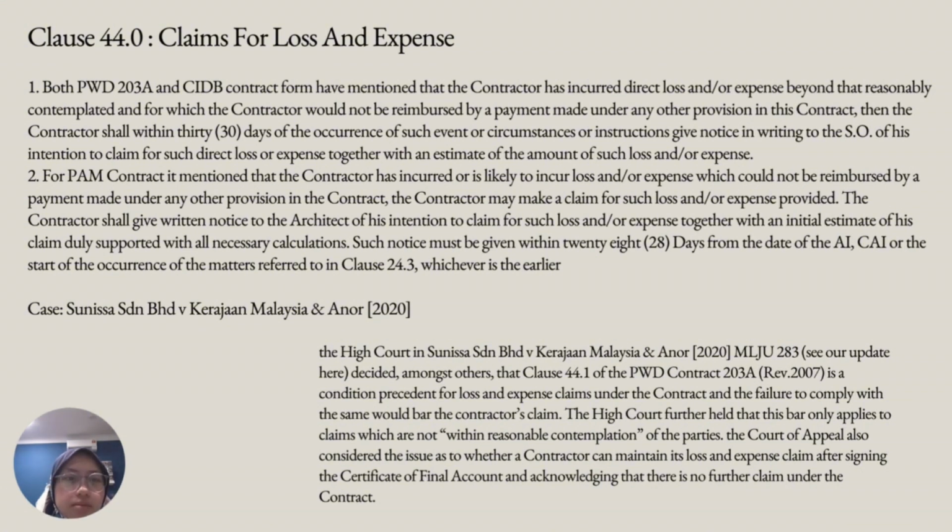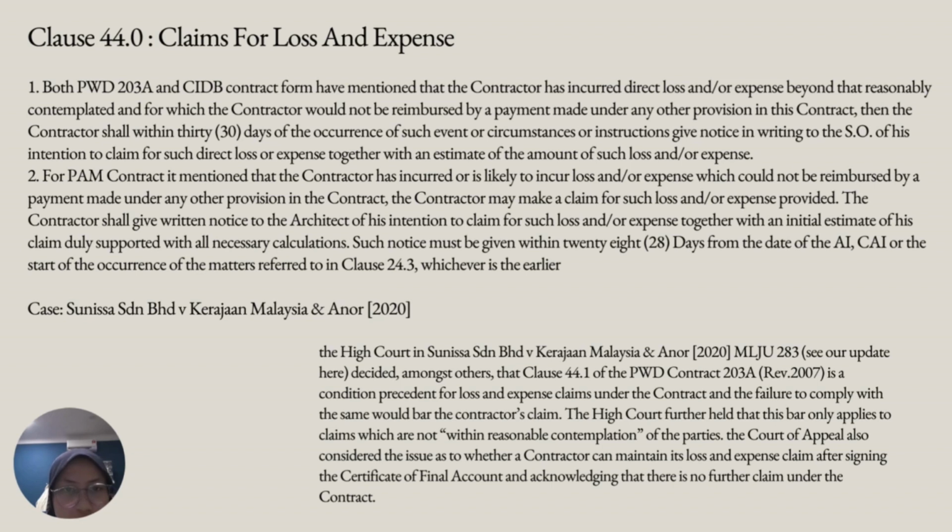For PAM contract, it mentioned that the contractor has incurred or is likely to incur loss and or expenses which could not be reimbursed by a payment made under any provision in the contract. The contractor may make a claim for such a loss or expenses provided the contractor shall give written notice to the architect of his intention to claim for such a loss and or expenses together with an initial estimate duly supported with all necessary calculation.